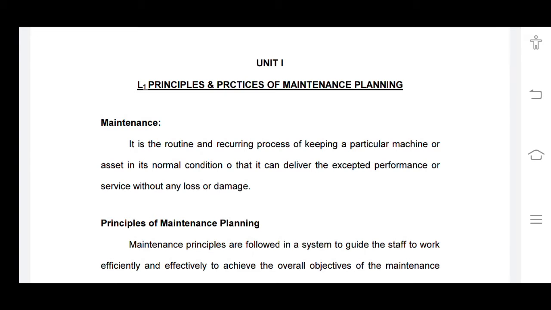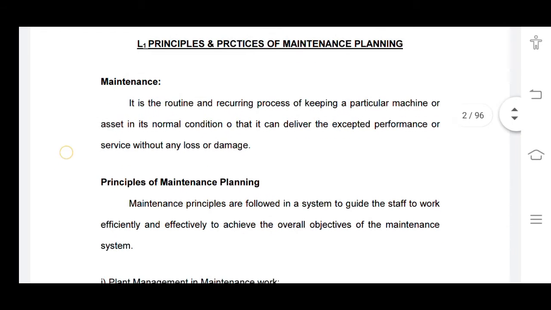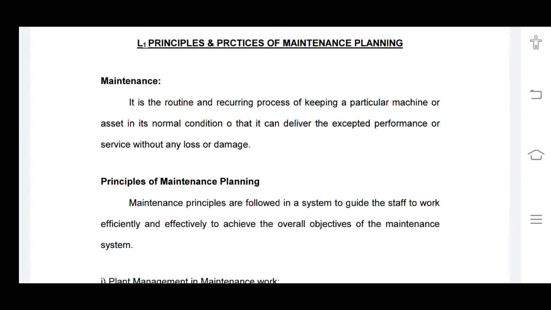So as you can see on your screen, maintenance is the routine and recurring process of keeping a particular machine or asset in its normal condition so it can deliver the expected performance or services without any loss or damage.